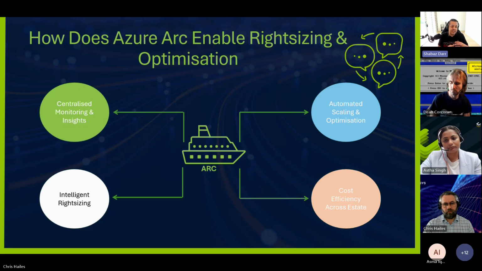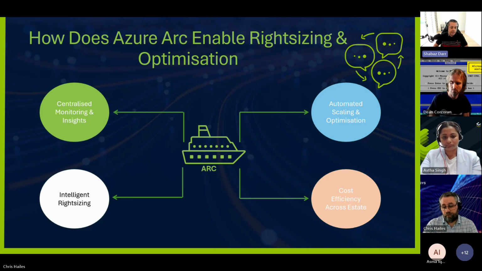So you're getting that centralized monitoring and insights in Azure with Azure Arc, because it extends all those capabilities: the intelligent right sizing, the automated scaling, being able to automate and use DevOps with all that. And again, we've mentioned the cost optimizations already, but it's not just about that.